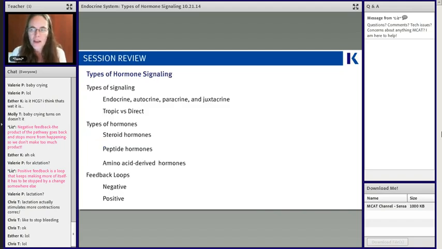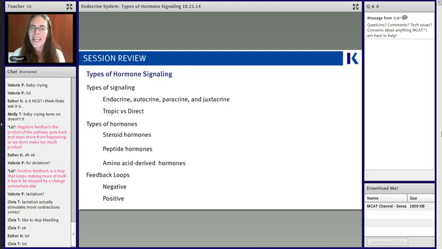Let's look at what we talked about today. Types of signaling. Endocrine goes in the bloodstream throughout the whole body. We mentioned exocrine, which goes directly where it's needed by a duct, like the pancreas's exocrine function goes directly into the duodenum to help us with digestion. We have autocrine, which is self-signaling.